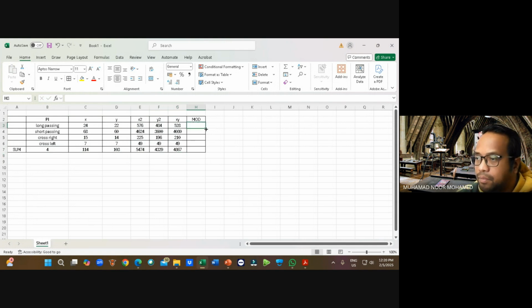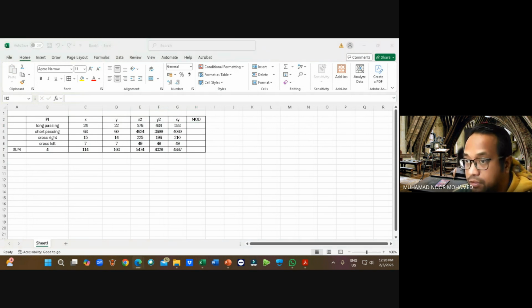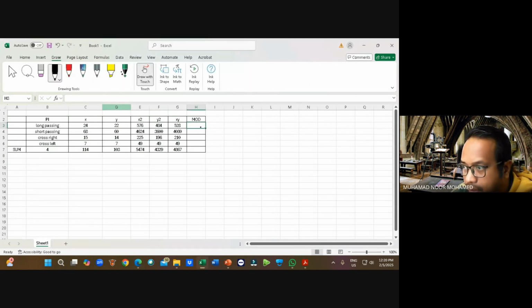As for the modulus, what modulus talks about is this. Let's draw something. The modulus here represents distance. For example, between 10 and 12, the distance is 2.